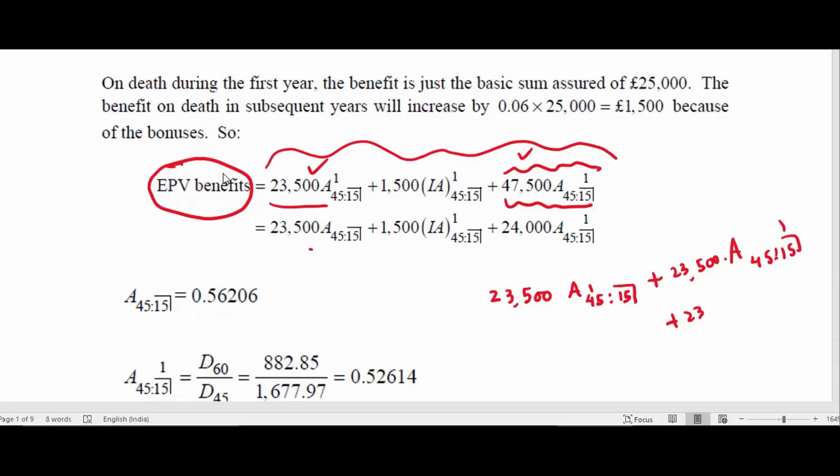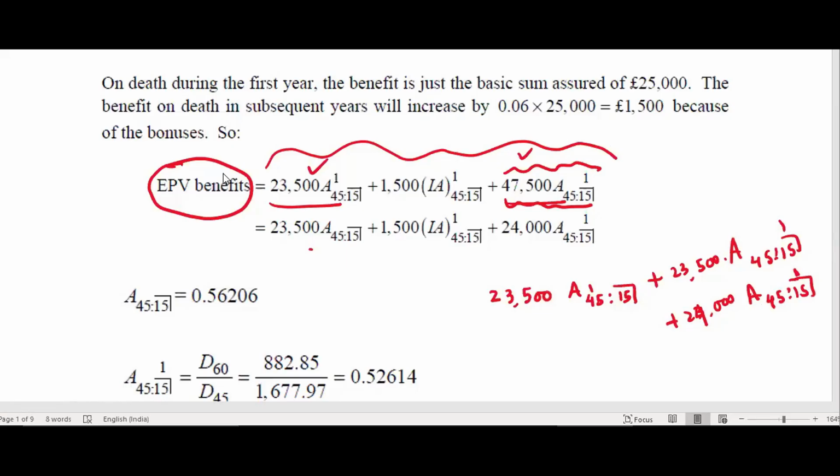Because I want to add this one and this one, I need to find 23,500 from here. So if you find 23,500, 24 you will get, 47,500.